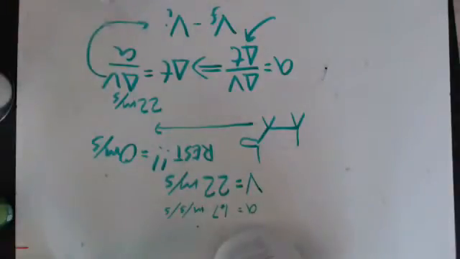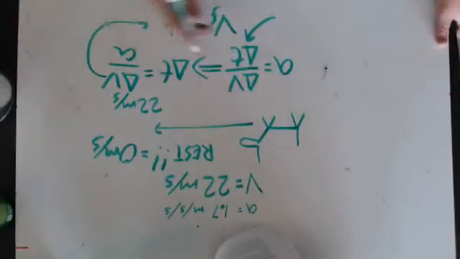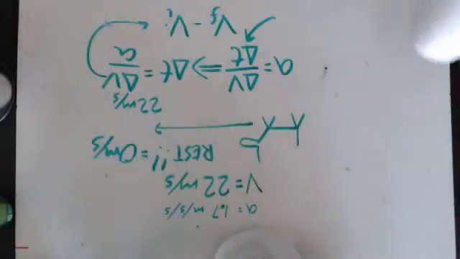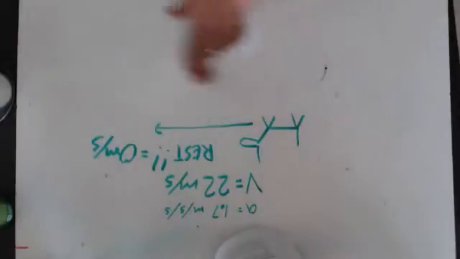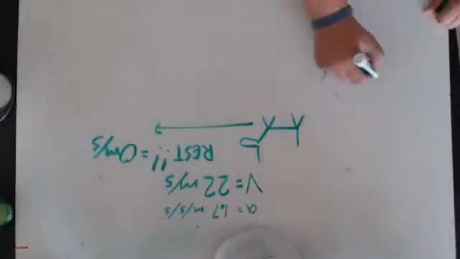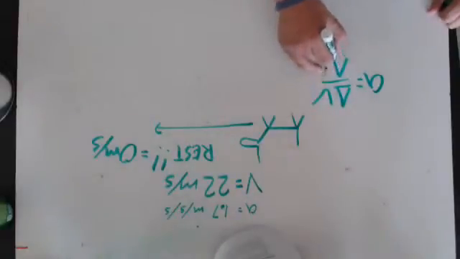The math on that's pretty simple. All I'm going to have is 22 meters per second minus 0 meters per second, and I'm left with 22. So, taking a shortcut, I'm going to go over there and write that out again. I said that the acceleration is equal to delta v over delta t.